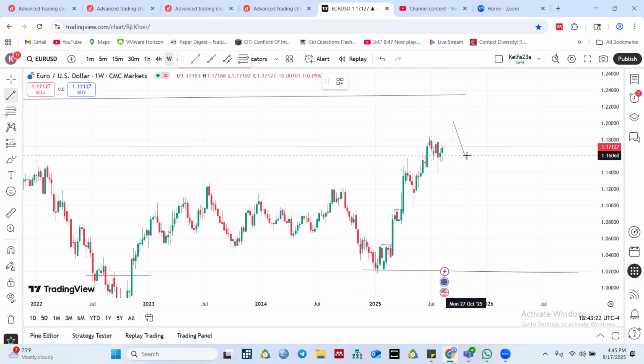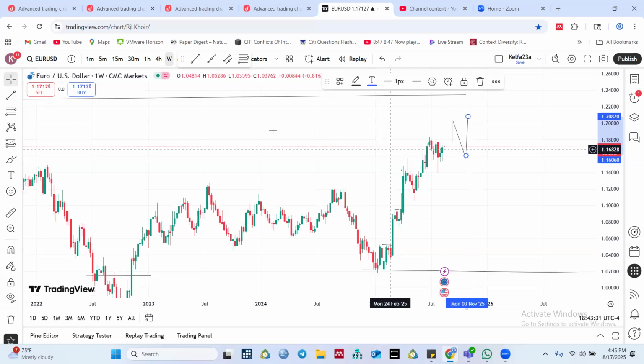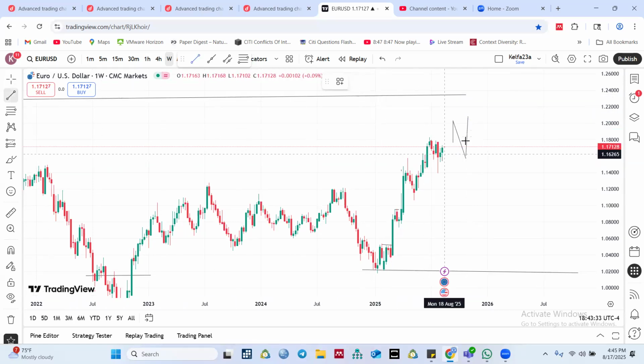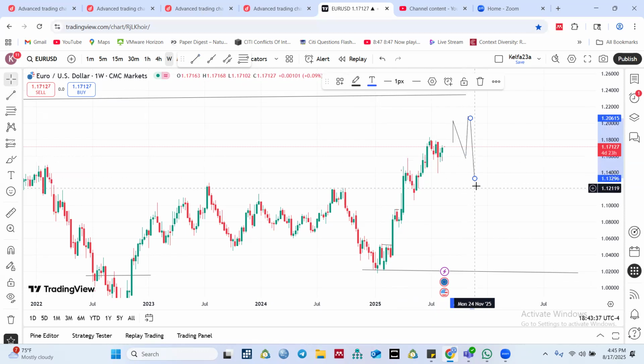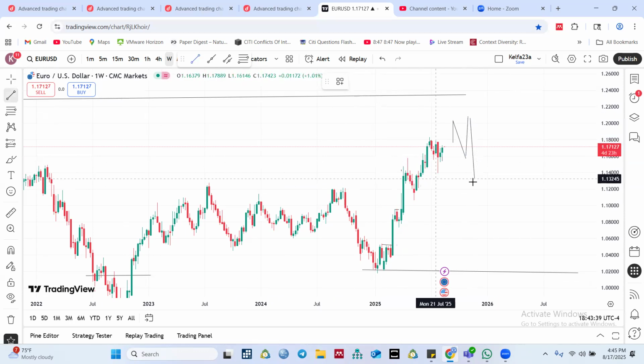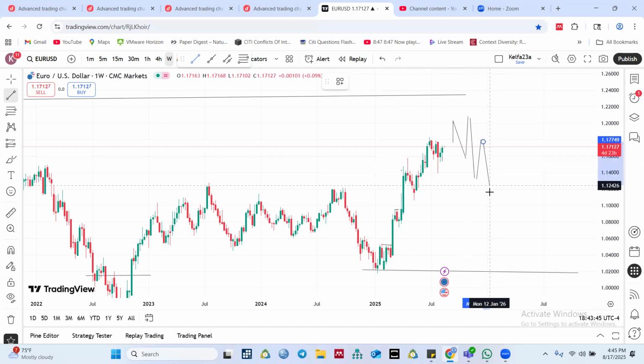Then maybe we have to see a move that takes out the high again if we are hunting liquidity. And we have to see a move that drops to impulsively take the low. Then on the retest, we can now go for a sell.